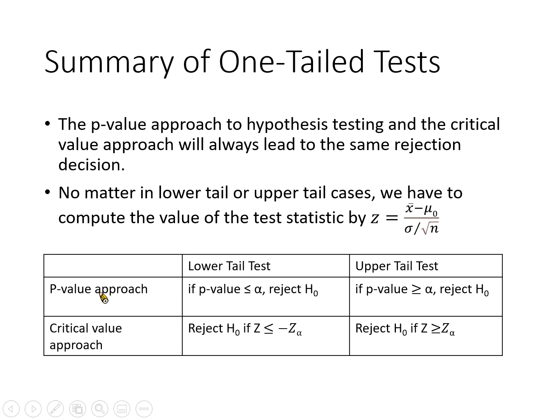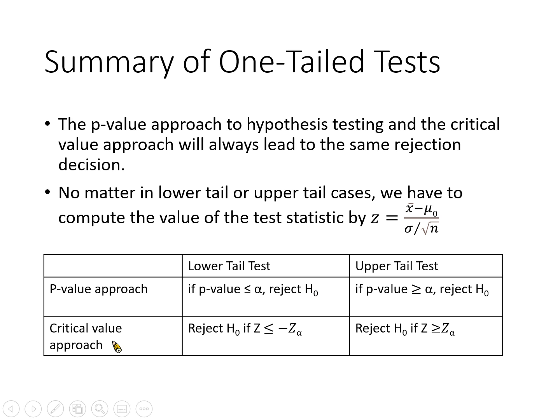And if you use the p-value approach, when the p-value is less than or equal to alpha, okay, alpha is the probability you decide from your population, and the p-value is the probability you calculate from your sample data, from the z-value, and check the z-value table to get it, you will need to reject the null hypothesis.